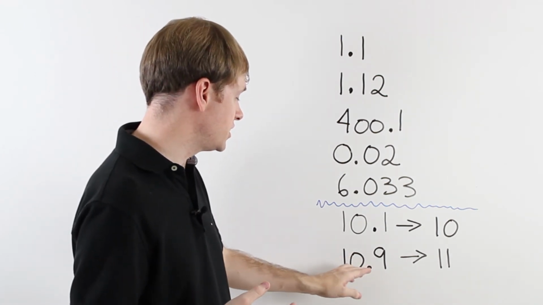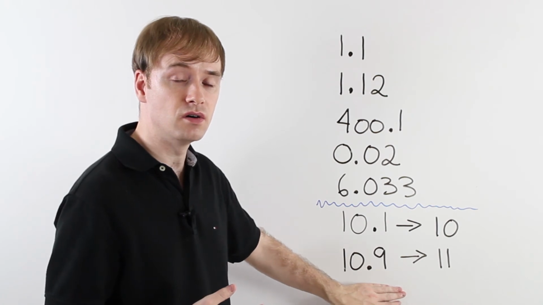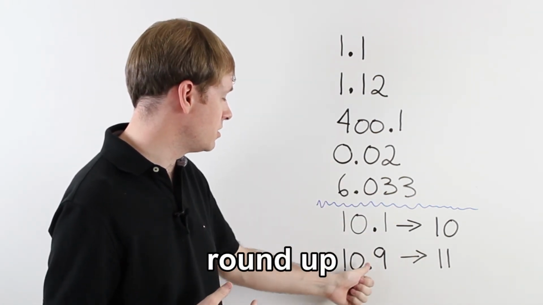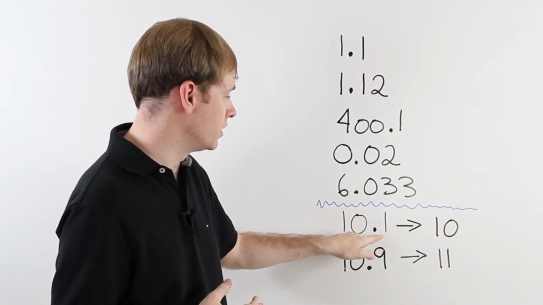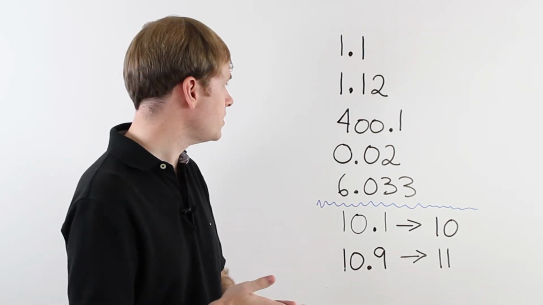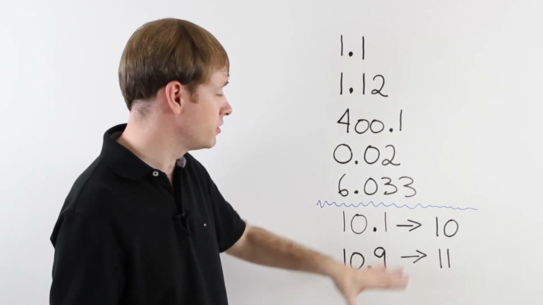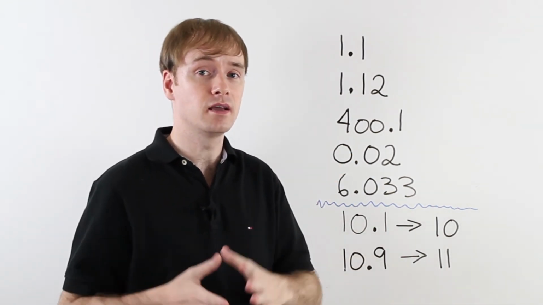So we change 10.9 to 11. That situation is called round up. Okay, so changing 10.9 to 11, round up. 10.1 to 10, round down. All right? So I hope you understand how to use the decimal point, and I hope you understand round up and round down. Let's take a look at a few examples.